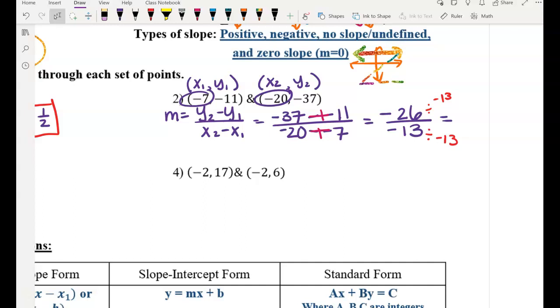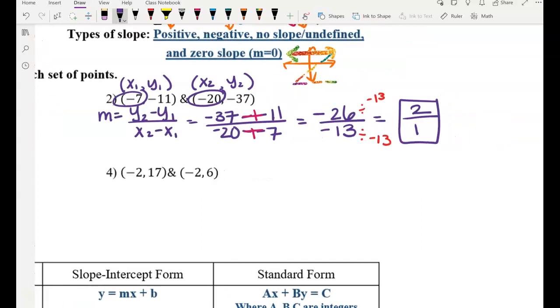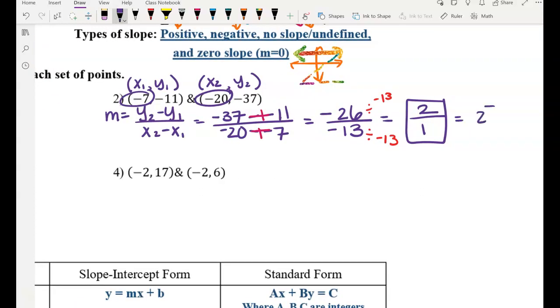Negative 26 divided by negative 13 in the numerator is going to give us a positive 2. Negative 13 divided by negative 13 in the denominator is 1. So we can have it as 2 over 1, students, or we can just say the slope is 2. Now the slope is rise over run, so if you write 2 over 1, then that helps you count going up 2 and to the right 1, that's okay.